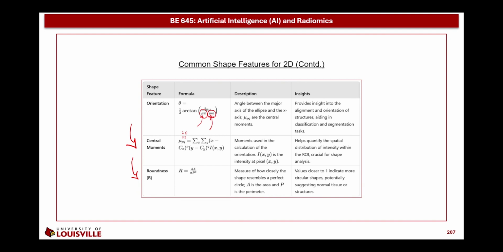And based on the shape features, we can train the classifier to obtain the decision. So for example, if we have an image that consists of multiple ROIs, as we saw during extracting the features from the left lung and the right lung, we can obtain the shape features for that ROI and that one and that one. And now we have two options.